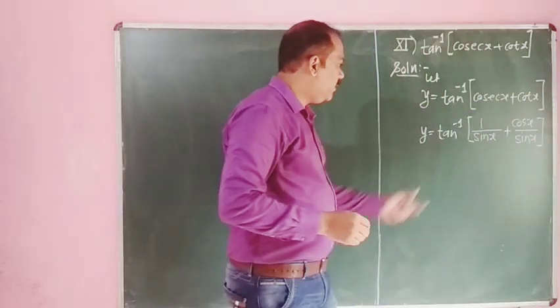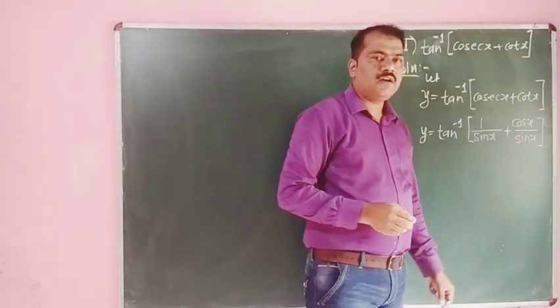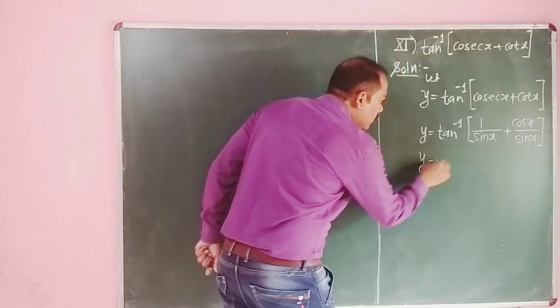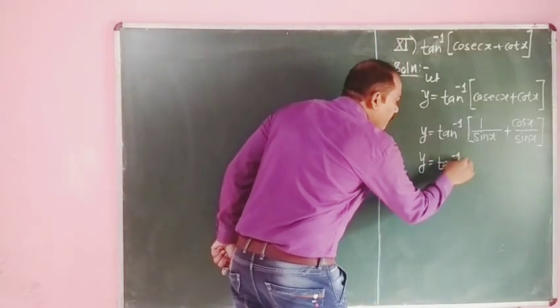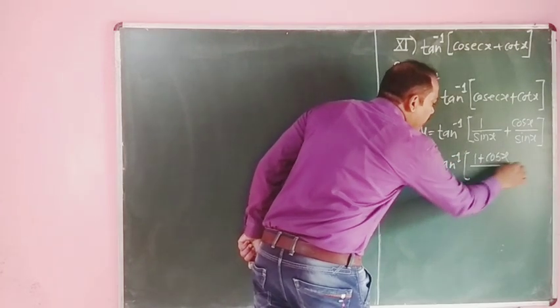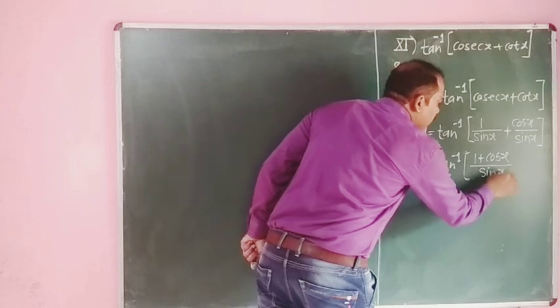The denominator is the same, so we take the addition of the numerators, so y is equal to tan inverse of (1 plus cos x) divided by sin x.